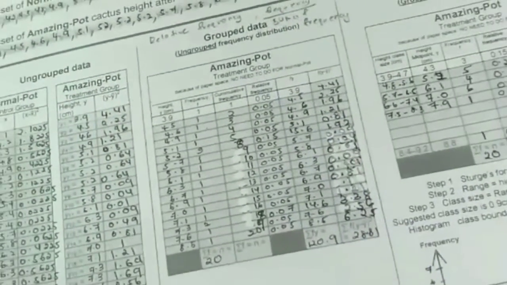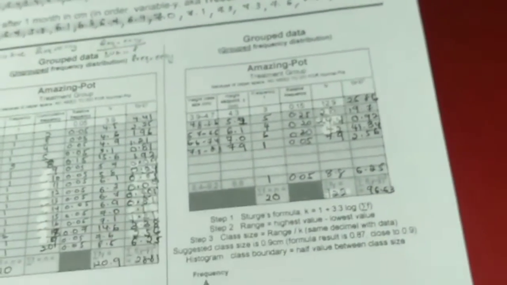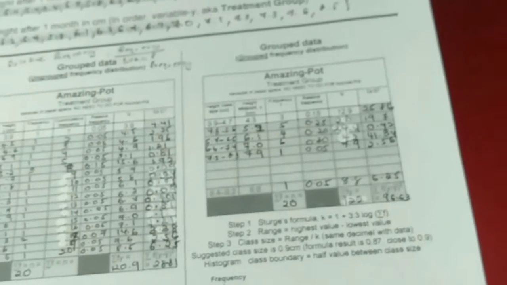Just make it. Okay, and this is amazing pot and group. This is also grouped data, but here we use a histogram. For the histogram, we use the midpoint for the diameter, and the frequency we just use as usual, that is the frequency that we get.